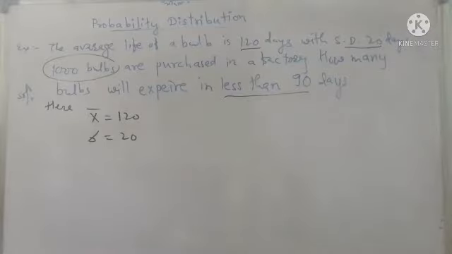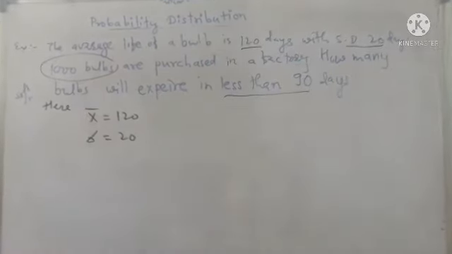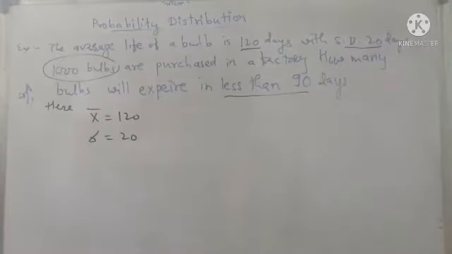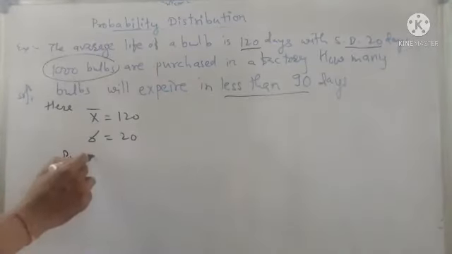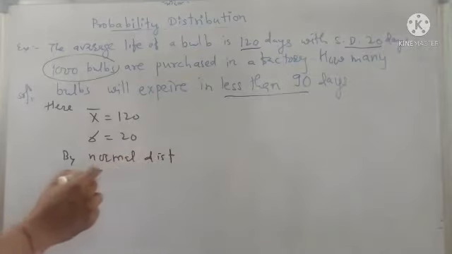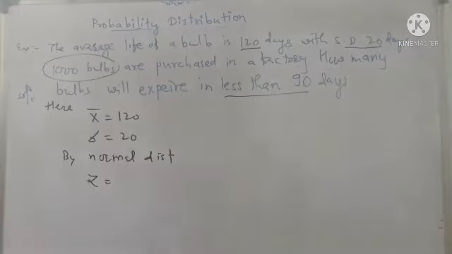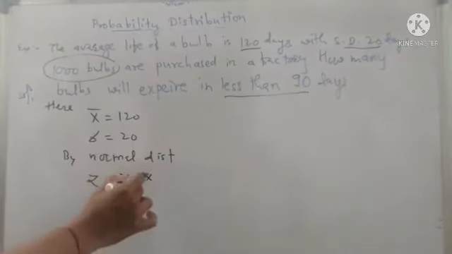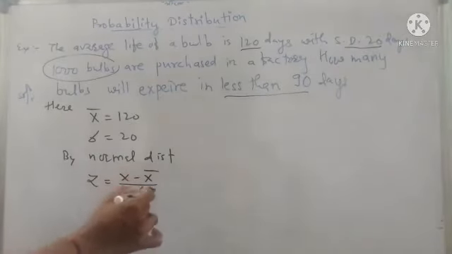Now as we have to use normal distribution here, we convert the random variable into a normal variable. By normal distribution, the formula to convert a random variable into a normal variable is z equals x minus x bar divided by sigma.